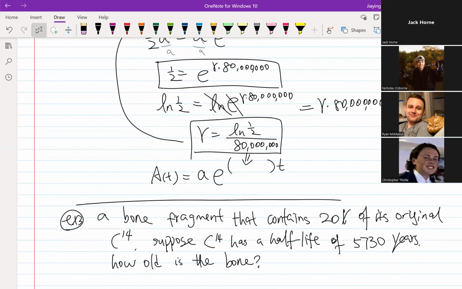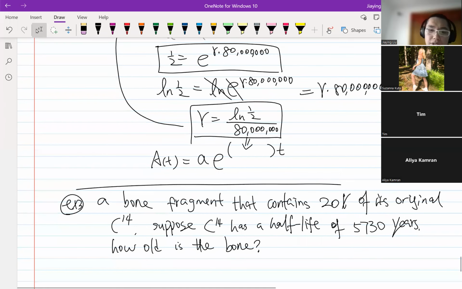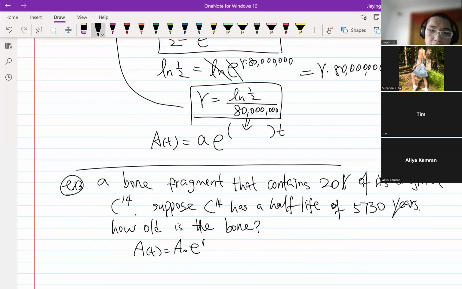All right, so suppose I'm looking at it, I don't know what to do. What I'm going to do is begin with the exponential decay function: A of t equals A naught e to the rt. I don't know what the decay rate is.